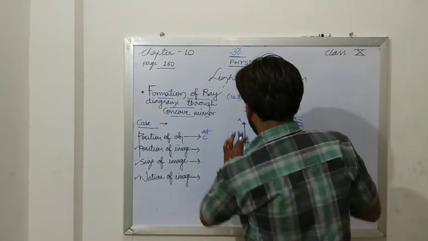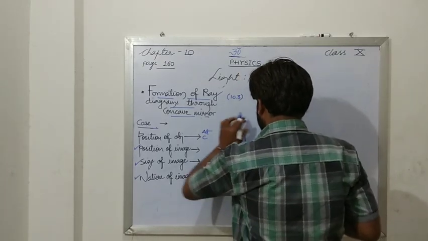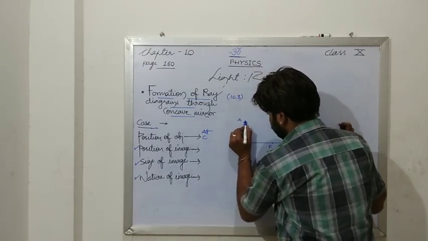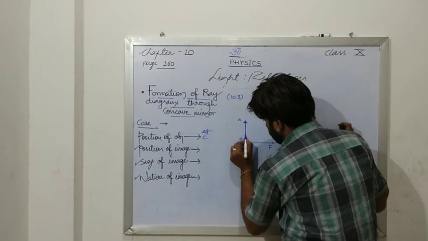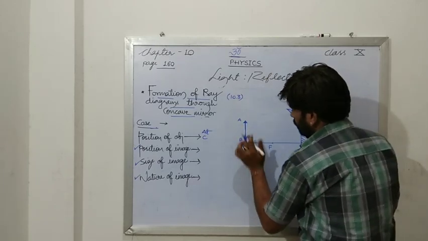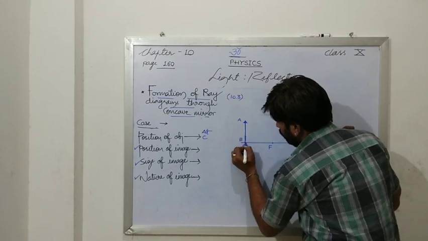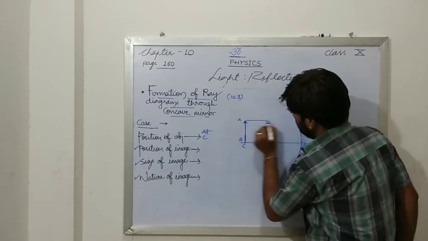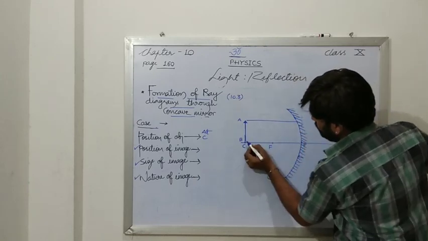Again, see, is it a straight one? Yes, this is going to be the straight one. Now, the position of the object is at C. Rule number 1 says a line parallel to the principal axis.